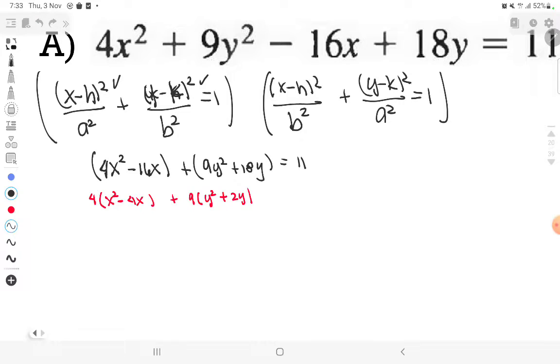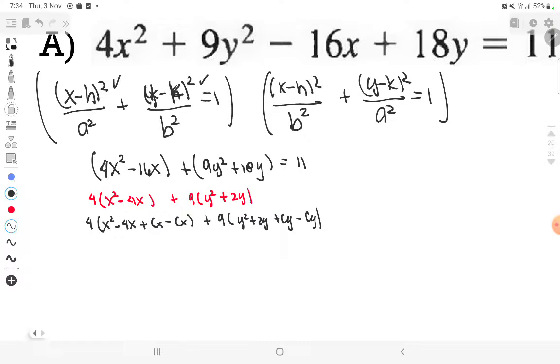Basically, after that I will complete the square by adding 0, which is equal to cx minus cx, plus 9 multiplied by y squared plus 2y plus cy minus cy.